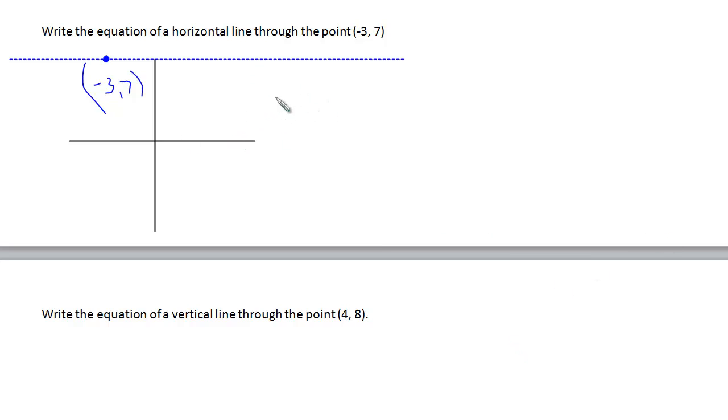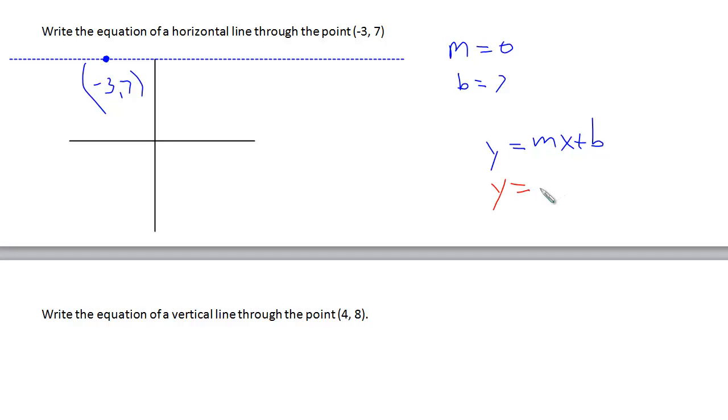This is a pretty easy equation to write. You should see it's perfectly flat. So your slope, your m here, equals 0. And because it's at negative 3, 7, I know it's going to intercept right here at 7. So if I plug this into my slope-intercept formula, and I sub those values in, I can plug in the coordinate if I need to, but really I have m and b, so I don't need to do any of that.